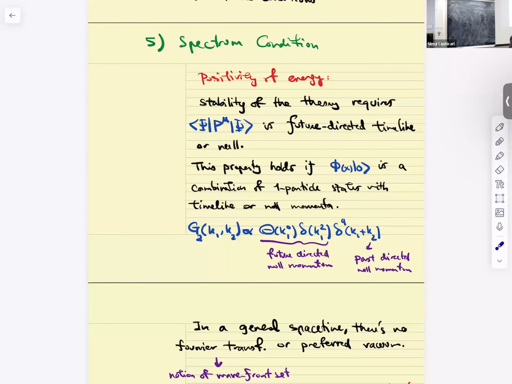There are local positive. P mu is a global operator, right? That exists in a theory that's translationally invariant. Yeah, but I could choose states which have support only locally, but I guess they won't be. Say it again. Can I choose psi to be a state which has local support? Sure.